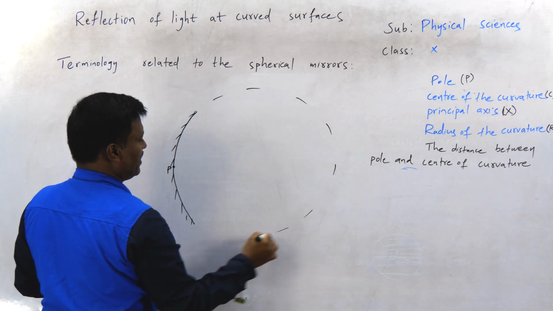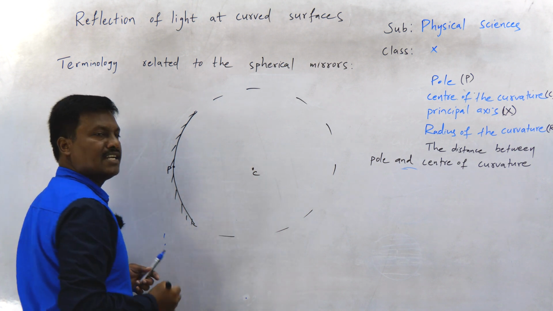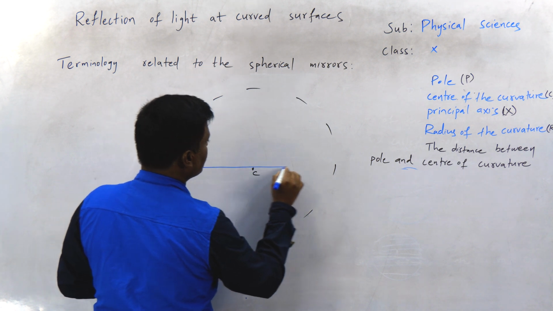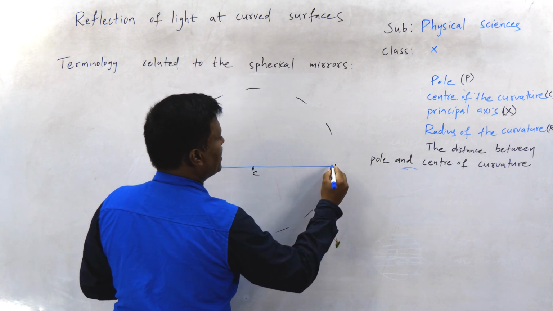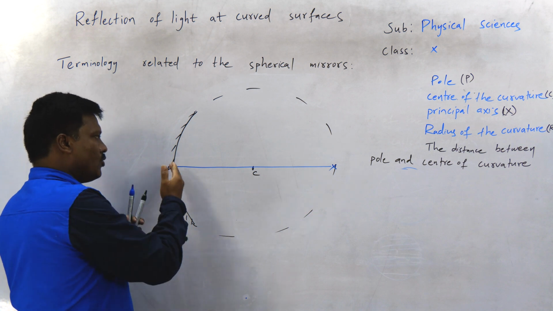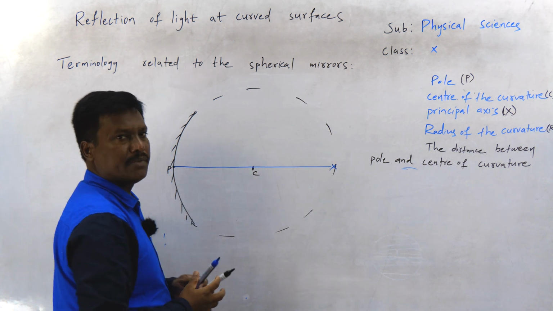It is a part of the sphere. The center of the sphere is called the center of the curvature. A line joining the pole and the center of the curvature is called principal axis.